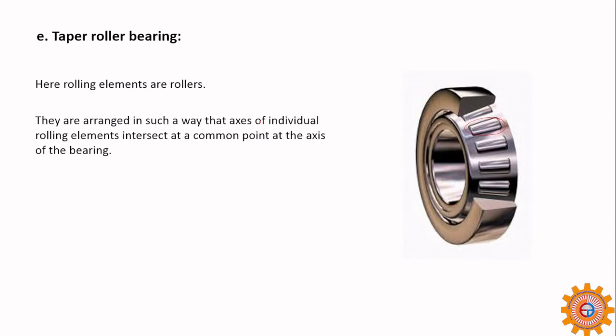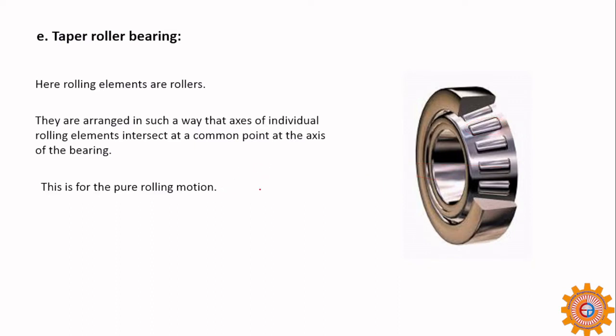Inner and outer races are conical. Like the angular contact bearing, the axes of the rolling elements will also contact at one point, like this. All will contact at one point. You can assume it like that.